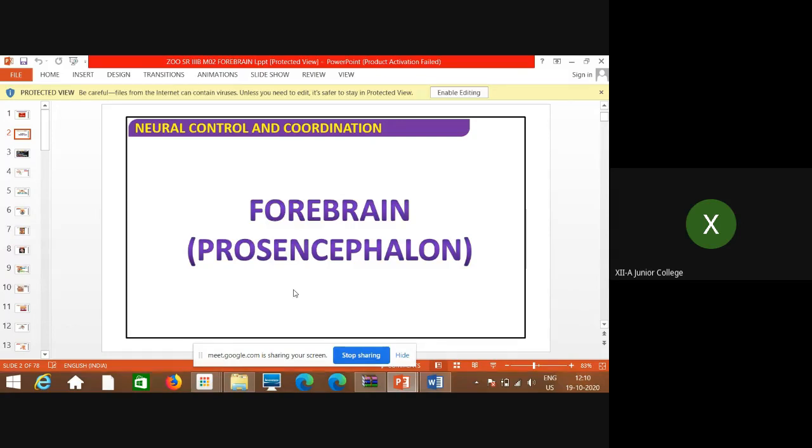We had already discussed the classification of brain. We have started the main part of this chapter with brain, and the first part of this we will be starting with is the forebrain.